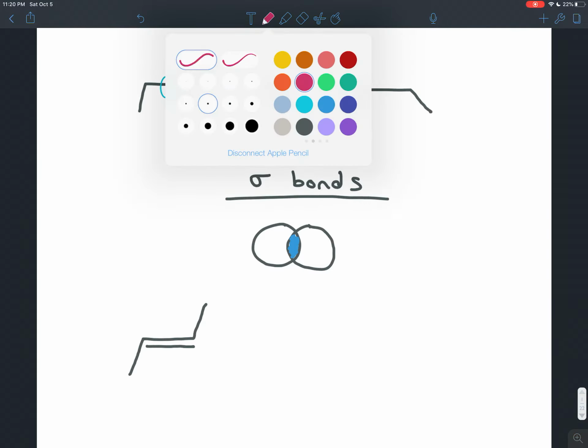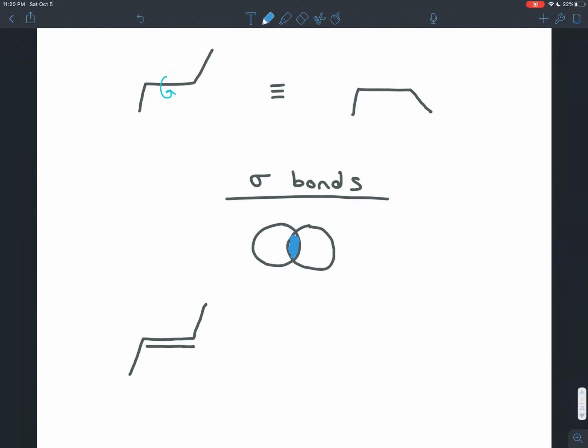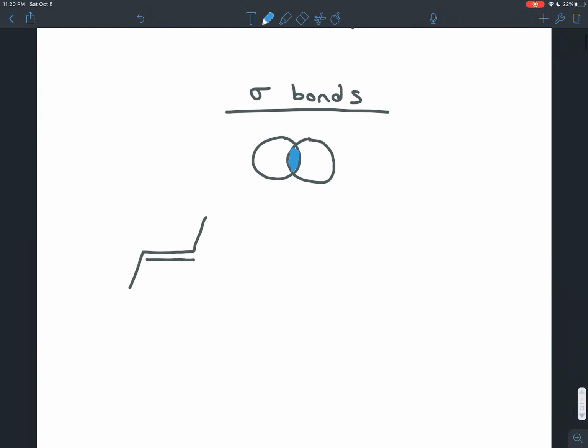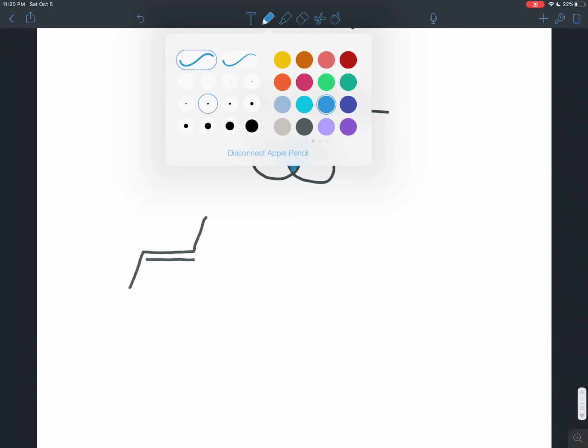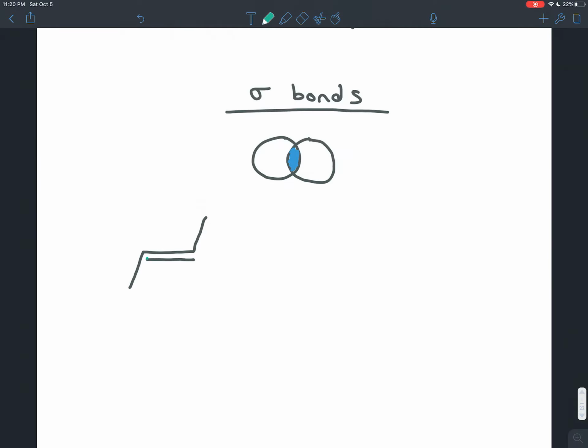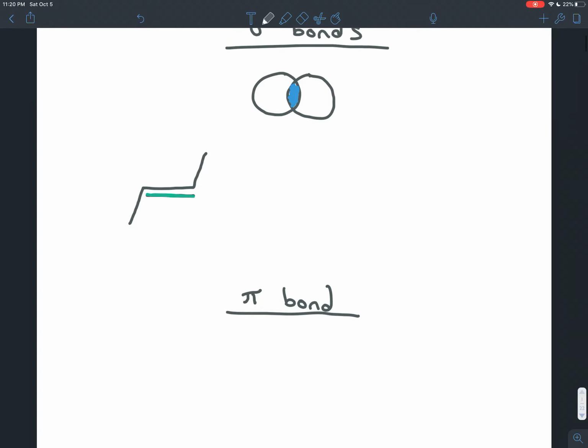The second bond there, the pi bond, is formed by the overlap of two parallel p orbitals. So let me draw that here. Every bond after the first bond you form is a pi bond. And you get a pi bond when you have two parallel p orbitals that overlap.